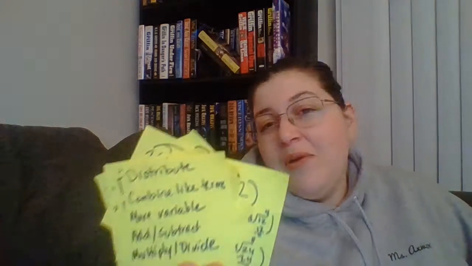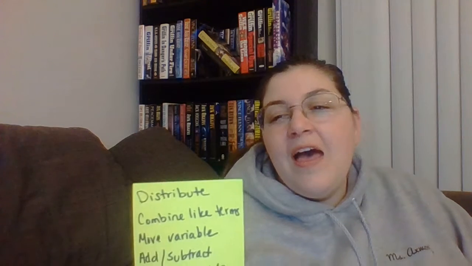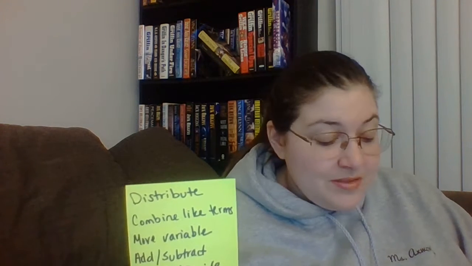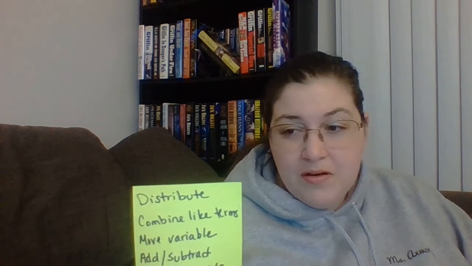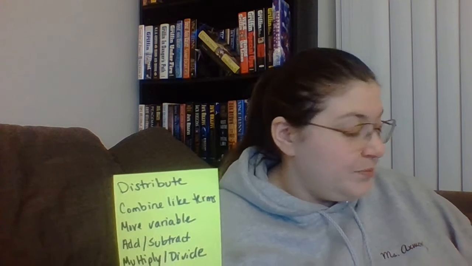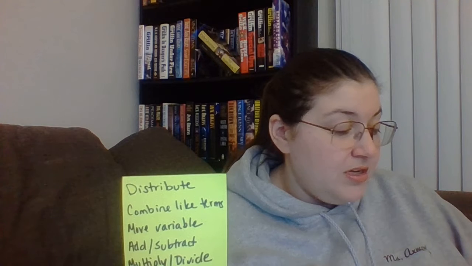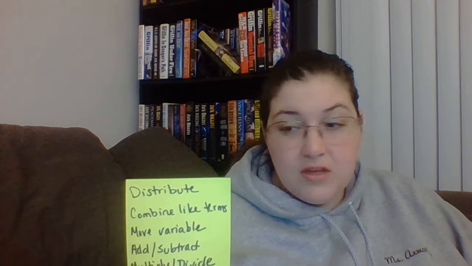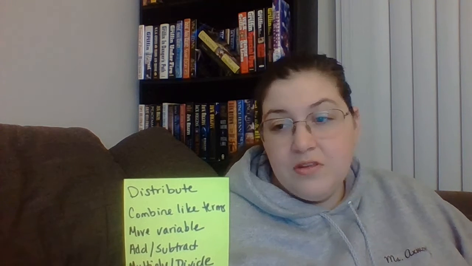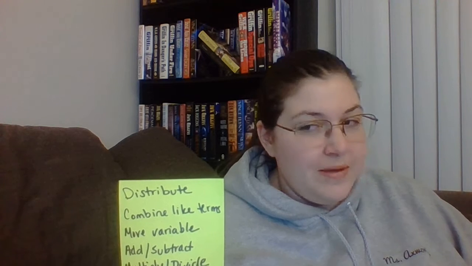This is something you might want to add next to the boy. Oops, sorry, you should see one at a time. These are the steps to help you remember what to do. You should distribute first. You should combine like terms. You should move the variable because you want it all by itself.